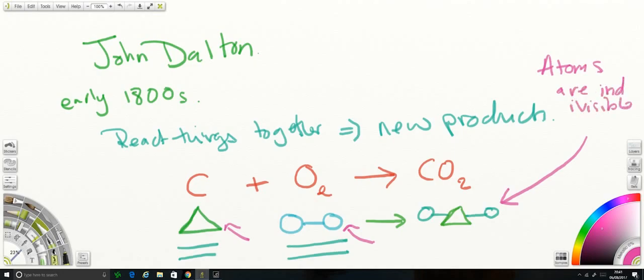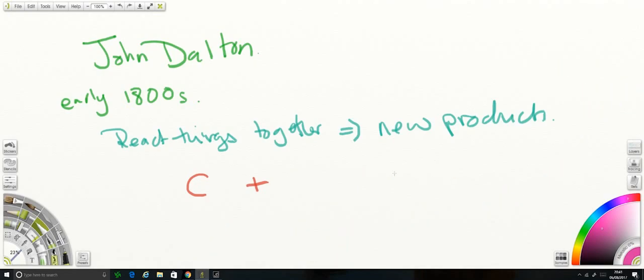In other words, you can't get smaller parts than an atom. This, of course, was wrong. So we're going to look at next what the other models are and how the idea was developed.